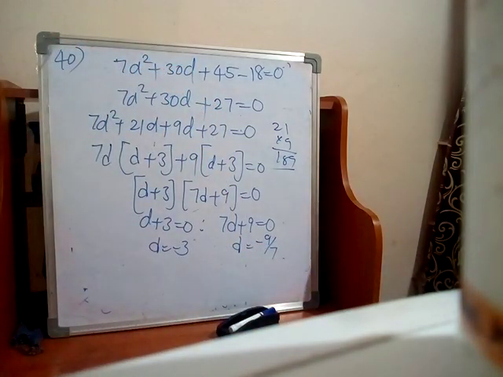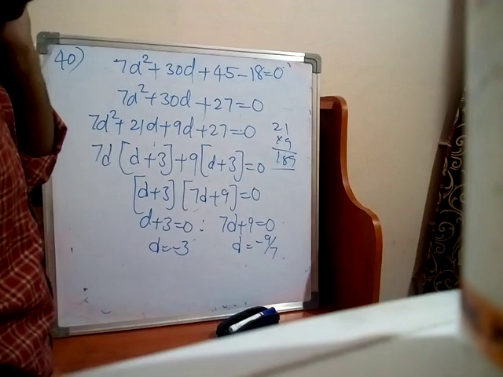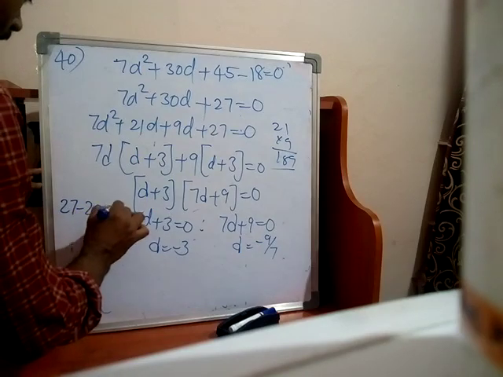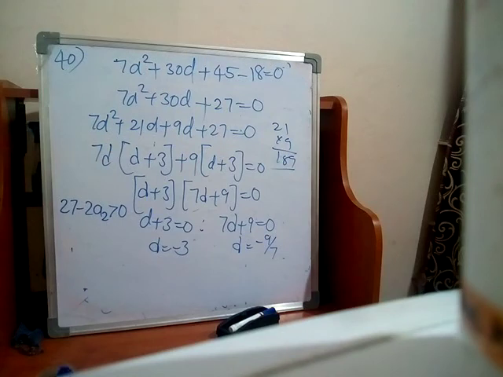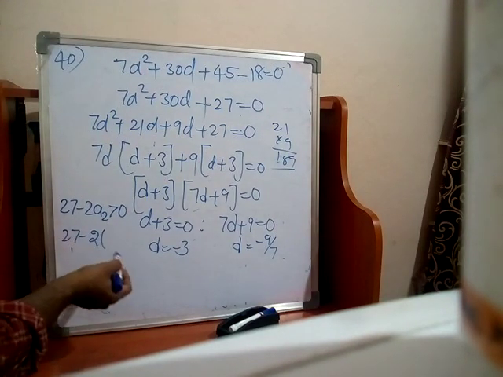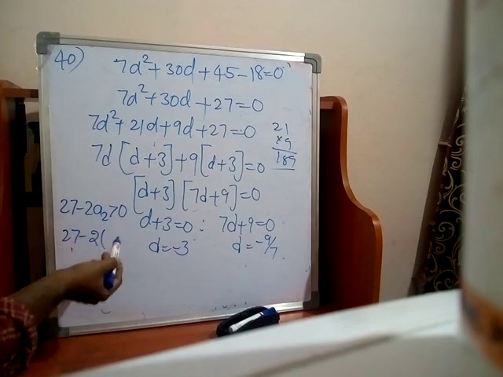But given, which one is the correct one? D. So here the given condition, which one? 27 minus 2a2 is greater than 0. So 27 minus 2 into a2, where a2 means a plus d.